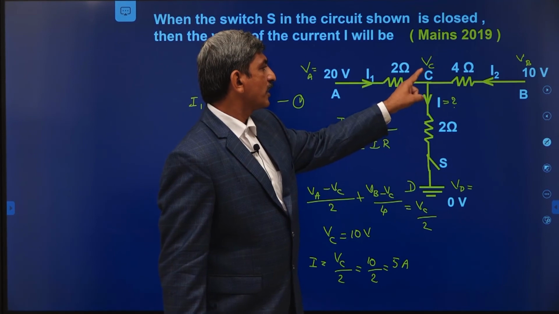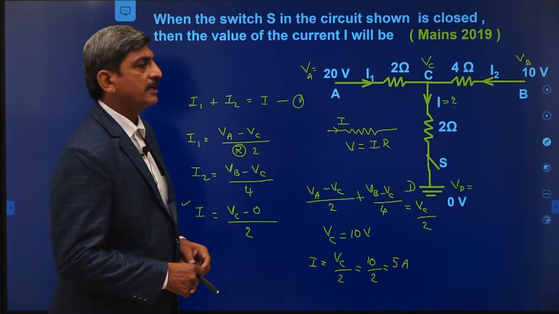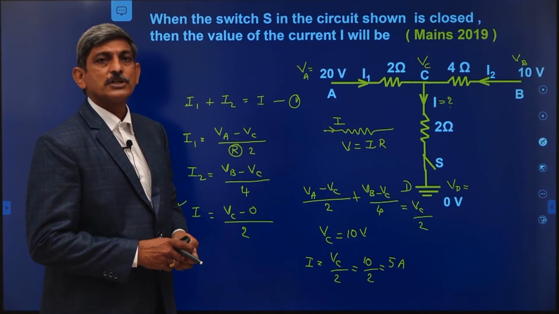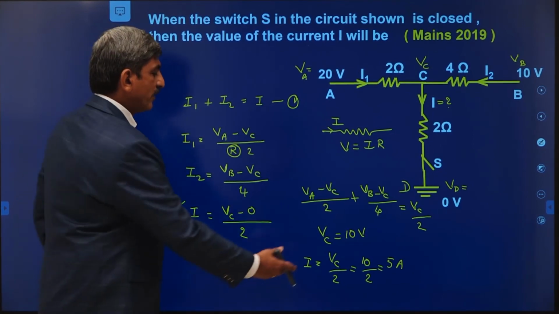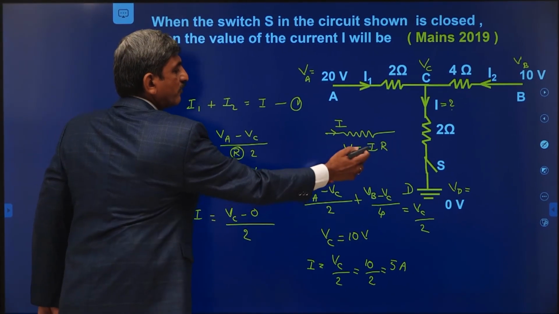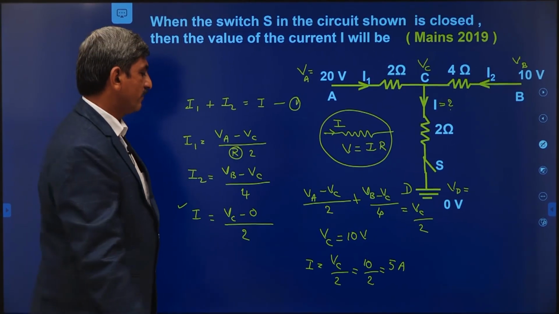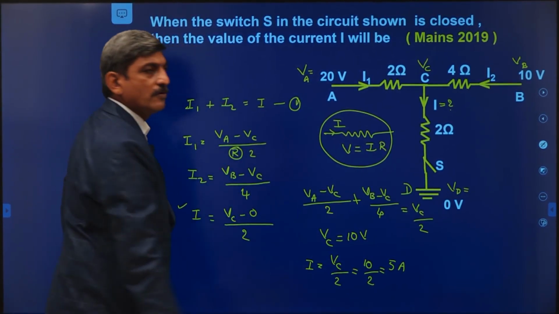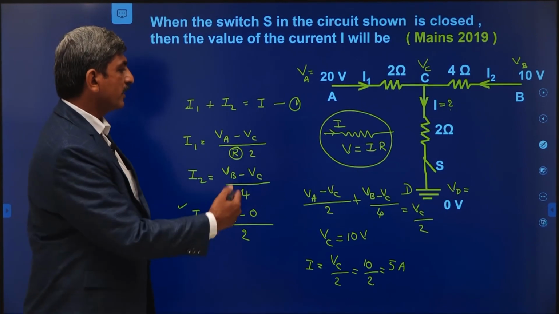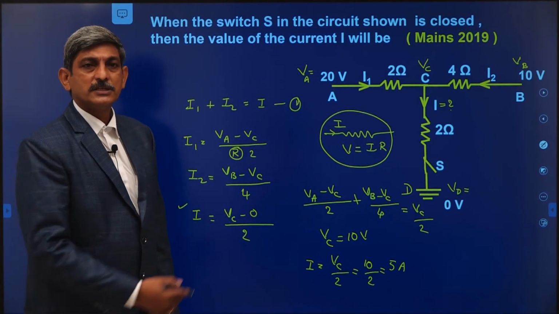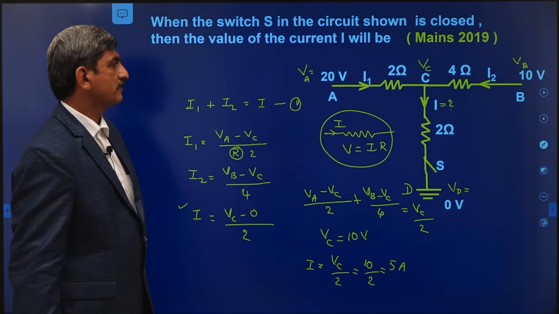First of all, the unknown potential at point C is calculated. After that, the current passing through the 2 ohm resistance is determined by using the simple formula V is equal to IR. From that we have I is equal to 5 amperes. Okay. So this is the application of Kirchhoff's first law. Right.